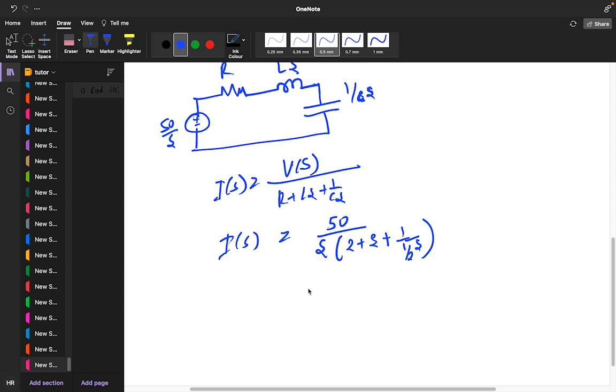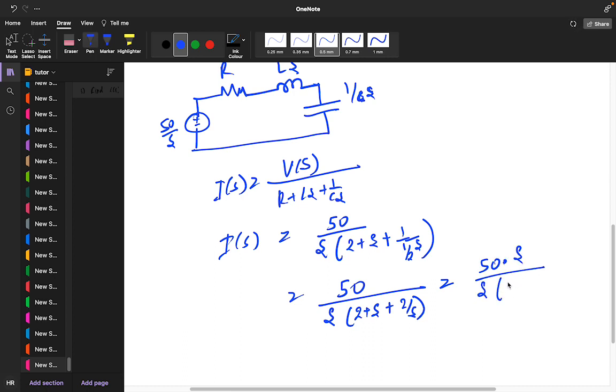If you solve this, what will you get? 50 divided by s into 2 plus s plus 2 by s. If you solve this, 50 into s divided by s square plus 2s plus 2, so this s will get cancelled out.